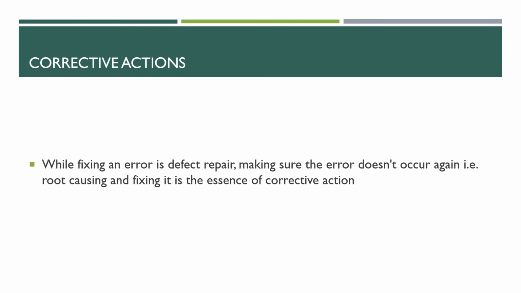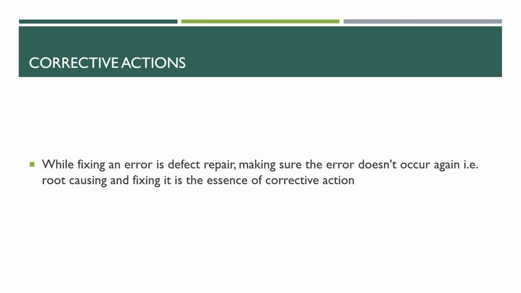So repairing defects is one thing. To make sure that you don't face such defects again, that is what corrective action is all about. Fixing the root cause, that is corrective action. And a lot of people get confused between defect repair and corrective action, but I couldn't have explained it in simpler terms than this.